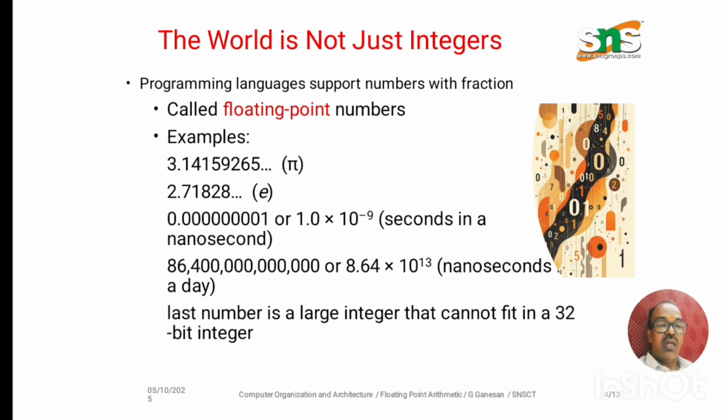Here I have given some examples of floating point numbers, 3.14 and 2.71. We know that 3.14 is 22 divided by 7, the value of pi in mathematics.